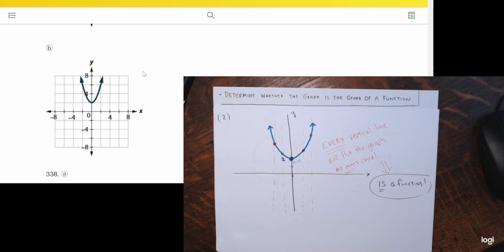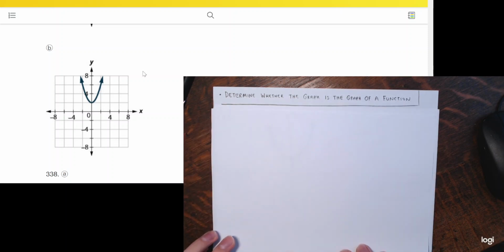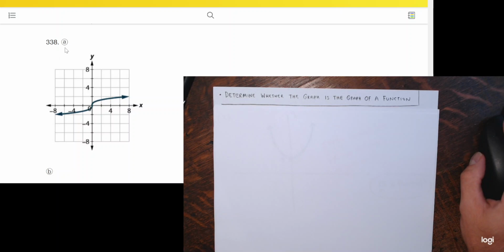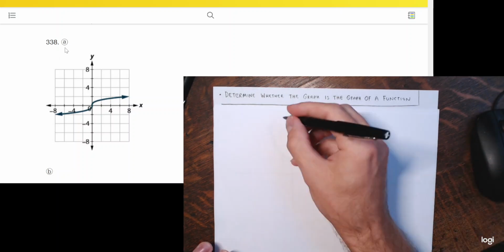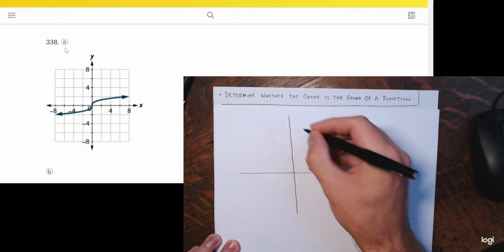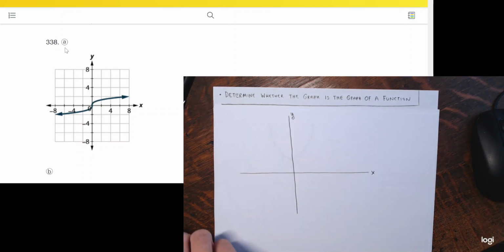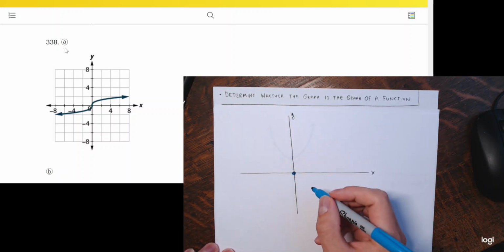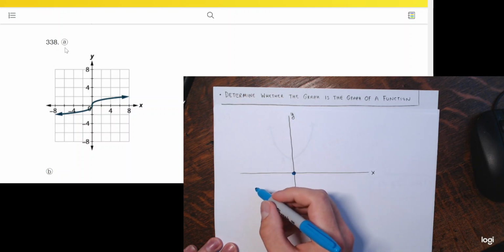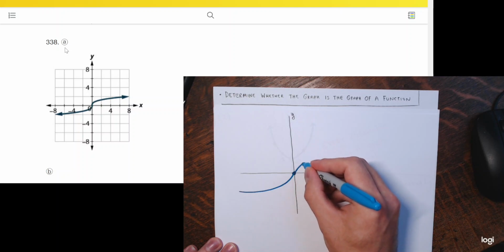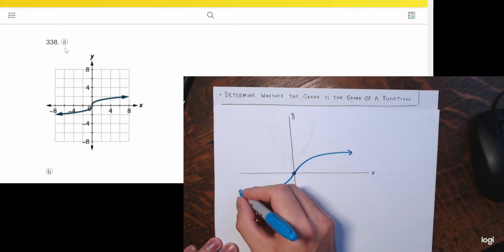Okay, next example. And again, I'm just going to keep drawing these rough sketches. This is number 338, part A. So again, I'll draw a rough drawing over here, x-axis, y-axis. And it looks like it goes through the origin and is kind of this S-curve thing, going that way forever, that way forever.